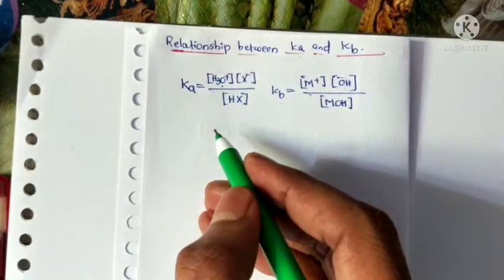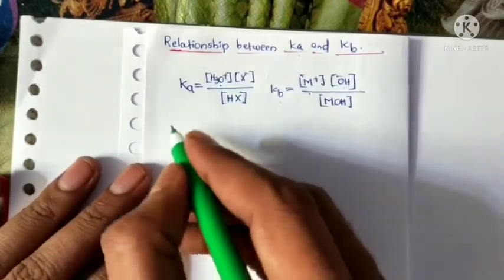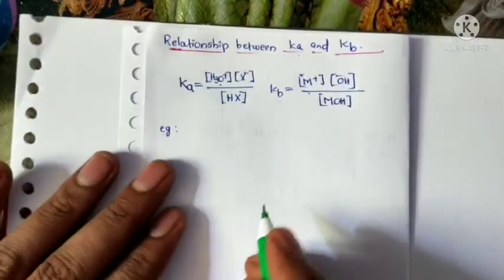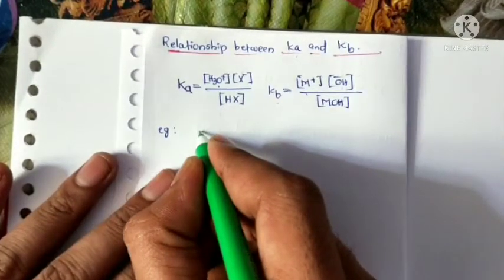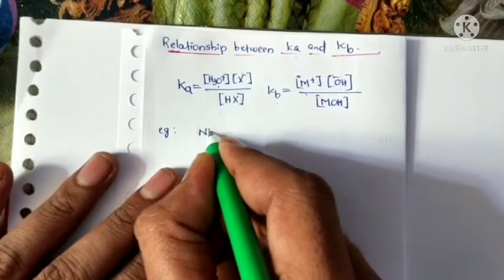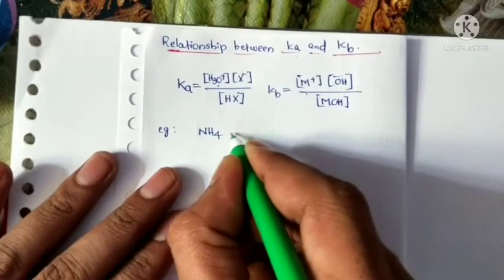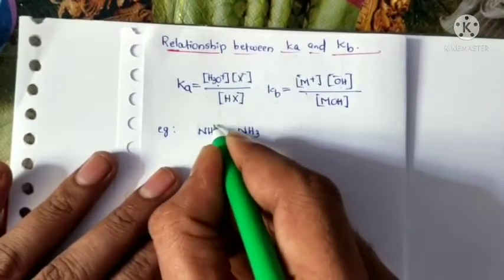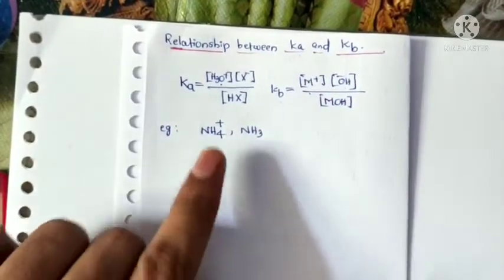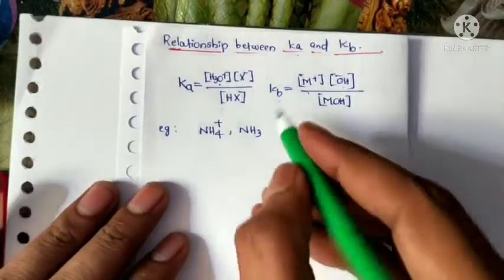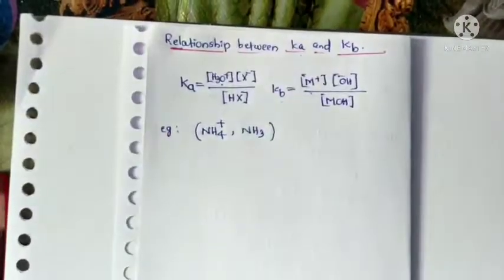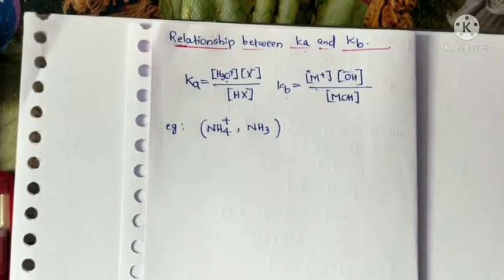For example, we take one conjugate acid base pair, NH4+ and NH3, ammonium ion and ammonia. These two are a conjugate acid base pair.